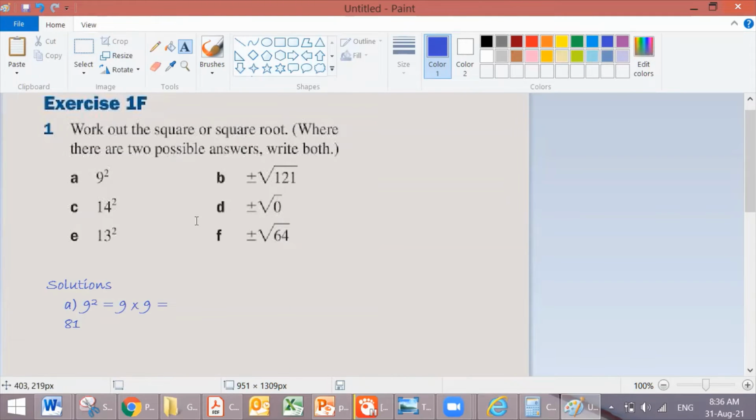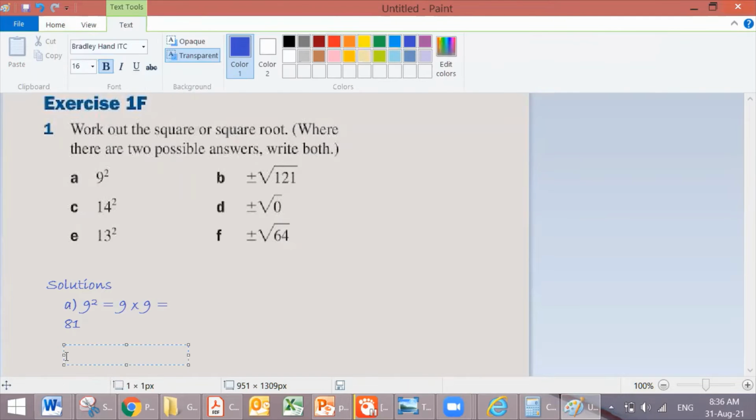Okay, so I hope that it is very easy for you. Similarly, part C, I will do 14 square. 14 square is equal to 14 multiplied by 14.